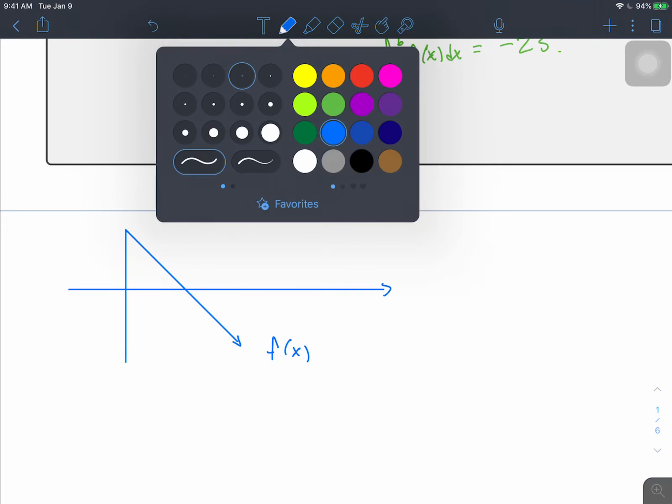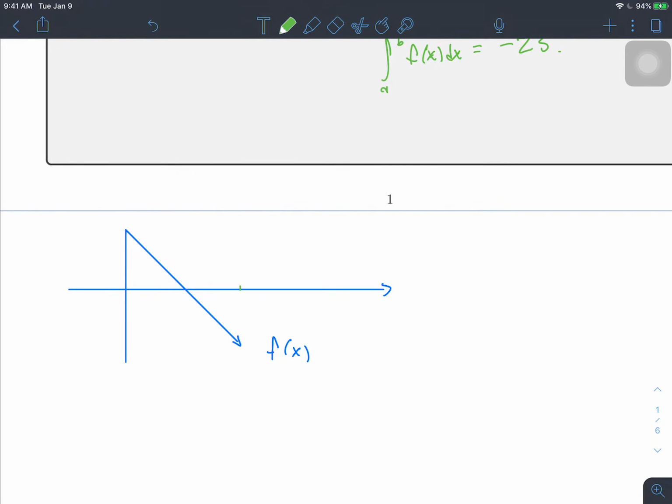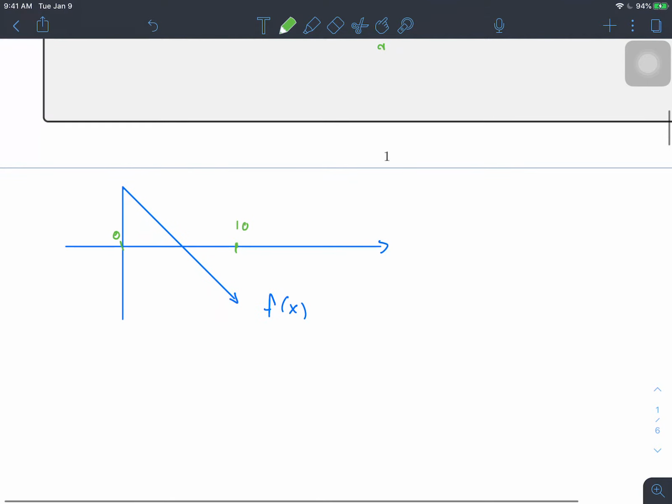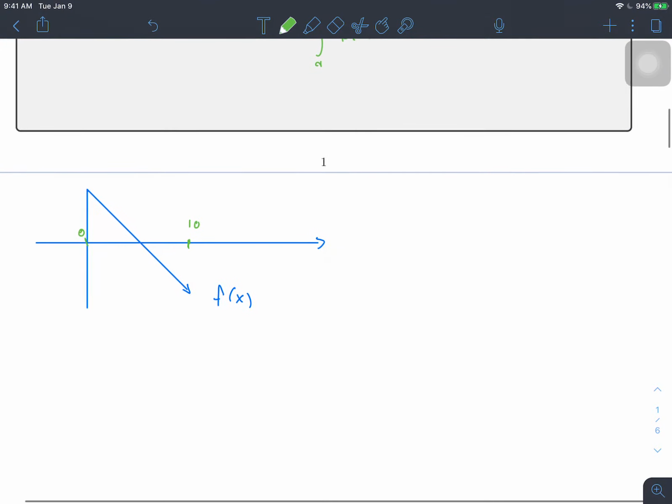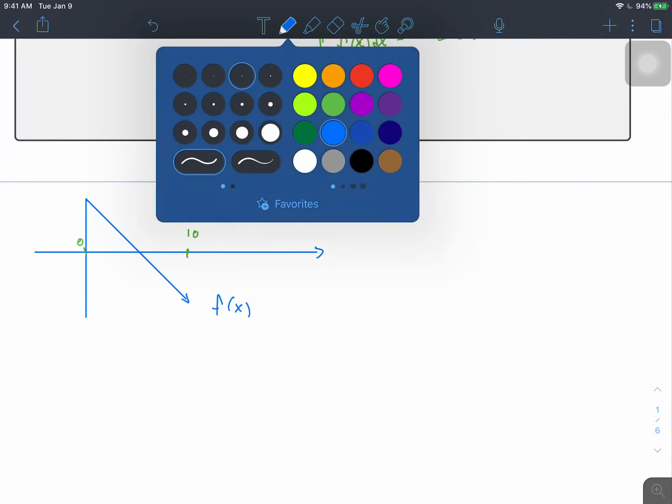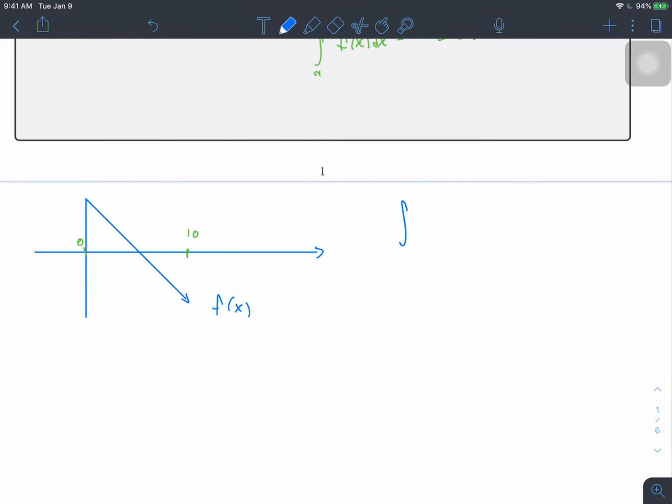And let's call this point 10, and we'll call this point obviously 0. And now let's try to compute the integral from 0 to 10 of f of x dx. Okay, let's also call this point here 5.